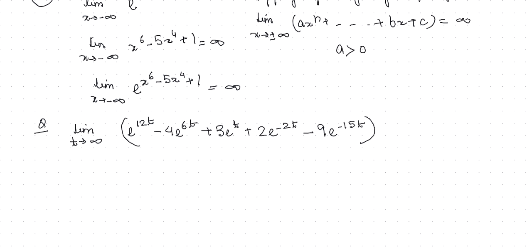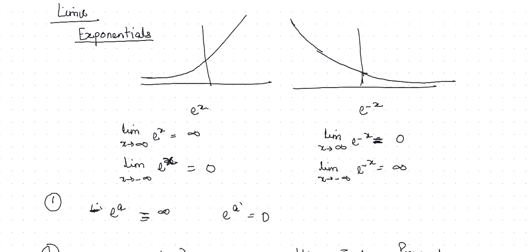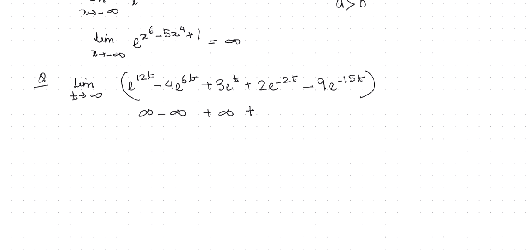If I directly put infinity, you will see that this gives infinity, this gives minus infinity, this will be plus infinity, and since this is negative, we know here that this gives 0, and this gives minus 0.